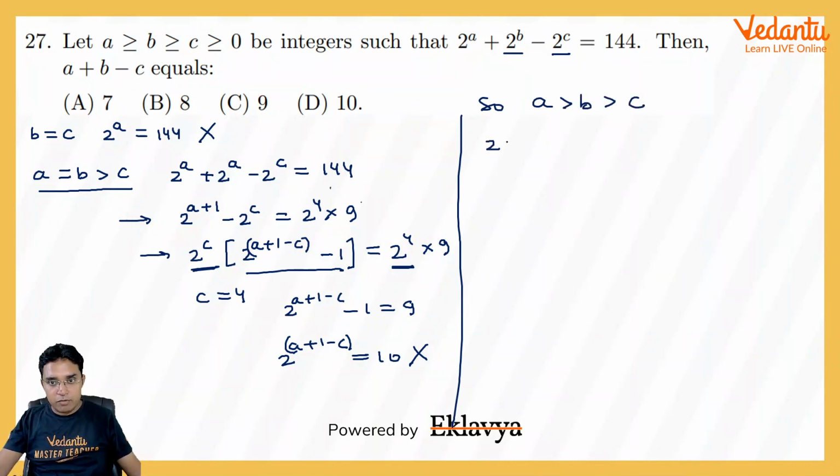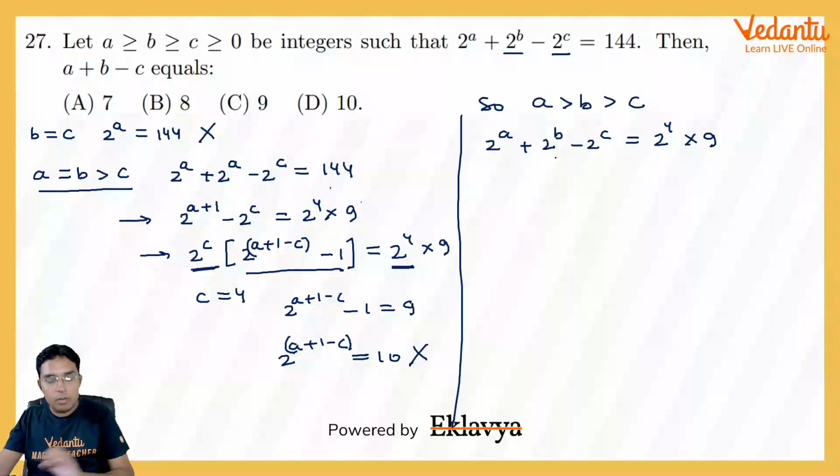Now this question will become easy. How? Please see. 2^a + 2^b − 2^c is equal to 2^4 × 9. So can we say that c has to be 4? Yes, we can say. Why am I saying so? Because if I take 2^c common, it will be 2^(a−c), and this will be an even number because a is greater than c.